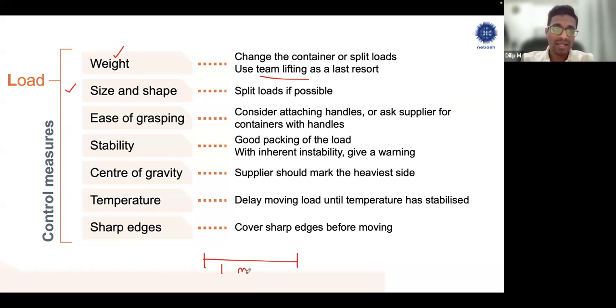Again, if it is of abnormal shape or size, then you have to consider team lifting or split the load if possible. The maximum width is 0.75 meter. If it is more than 0.75 meter, definitely it would be very awkward for someone to carry that load. Bulkiness. And then what about the ease of grasping?